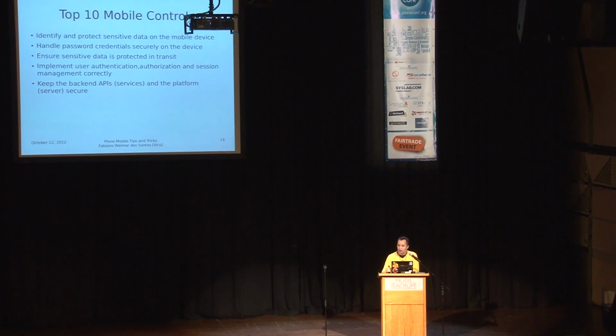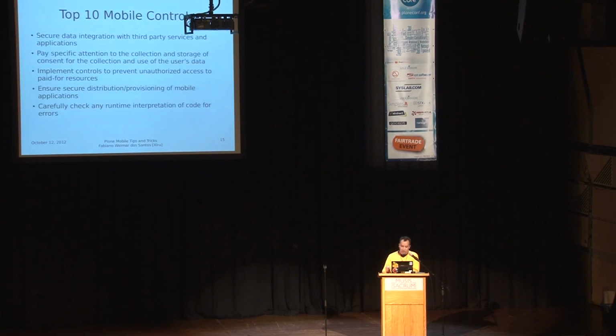And of course, we have other concerns about privacy, about how the data is transmitted between the mobile device and the server side. So it's important to take a look at those mobile controls. Of course, I will not read them. There's no reason for that, but it's interesting.